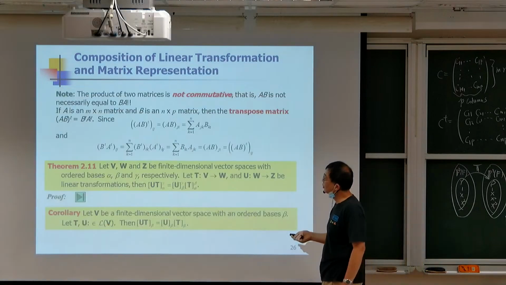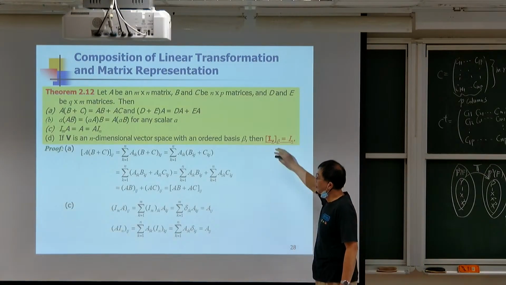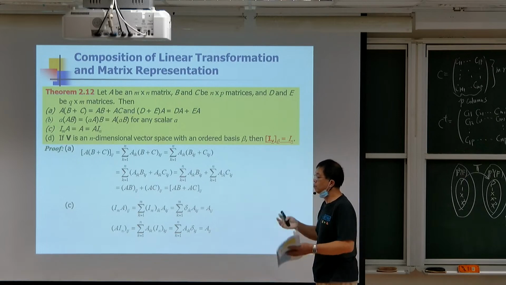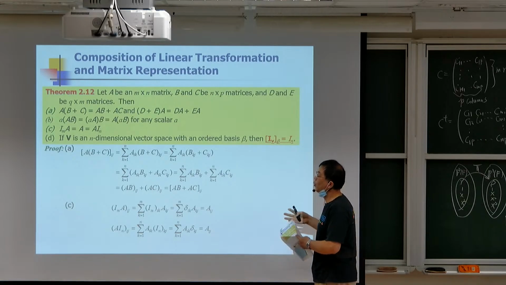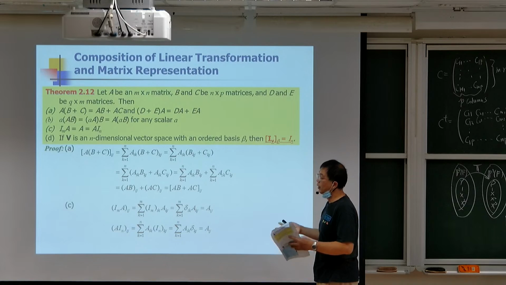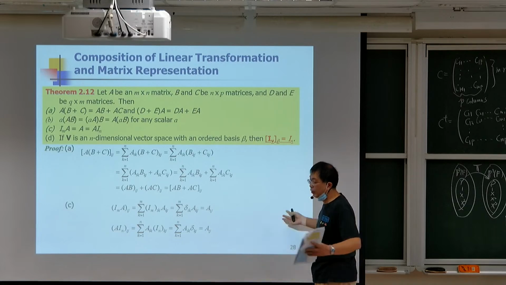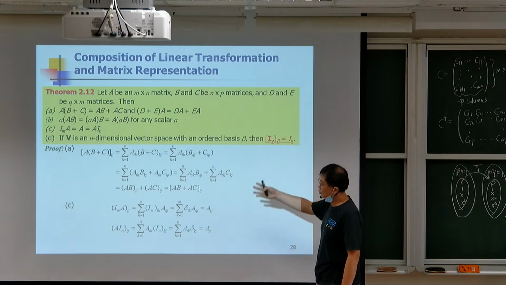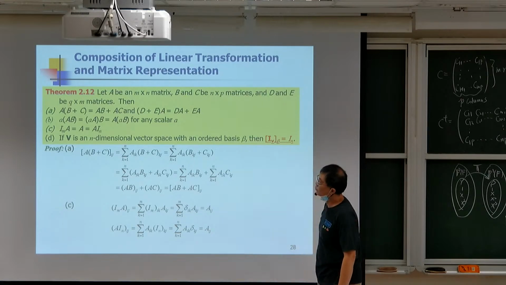So this theorem is identical to theorem 2.10, except that here we only consider the matrix, but in theorem 2.10, we have linear transformation. But actually, if we take the matrix representation of the linear transformation, these two theorems are identical.